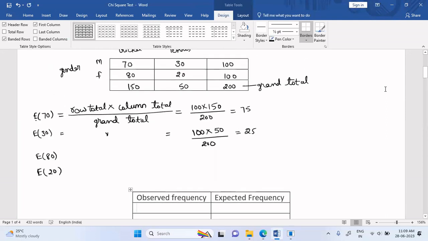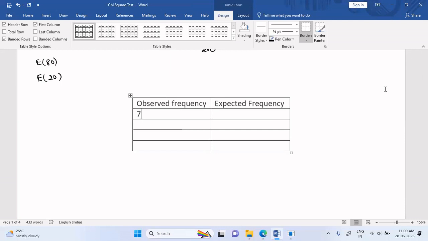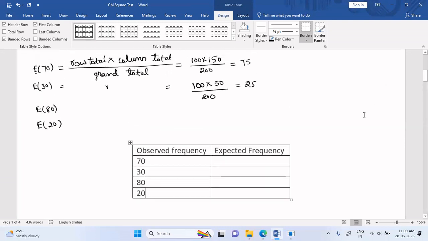So what are our observed frequencies? 70, 30, 80, 20. The expected frequency for 70 is 75 and the expected frequency for 30 is 25. Similarly, we get 75 as the expected frequency for 80 and 25 as the expected frequency for 20.